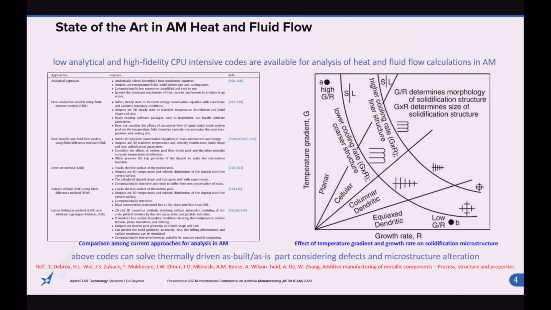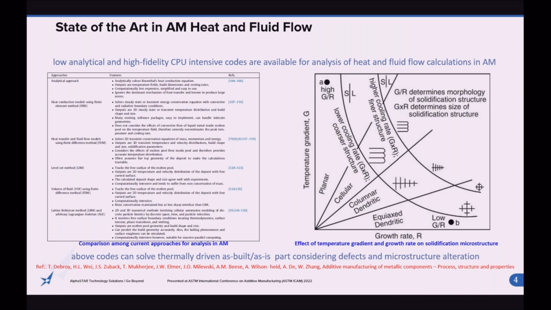This is the state of the art in AM heat and fluid flow analysis. There are a lot of low analytic and high fidelity CPU intensive codes that are available for heat analysis and fluid flow calculations as related to AM. And they are being found in numerous tools that are out there that are being used. And as you can see, that not only can give you a sense of what is the morphology of AM structures, predicting morphology, they can also predict the solidification process.